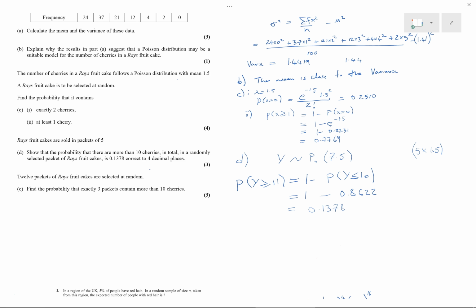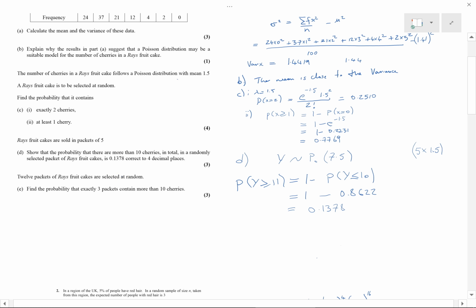And this now is binomial because it's saying 12 packets of raised fruitcakes are selected at random. Well, this one packet has got 5 cakes in it, but that's now irrelevant. We know that one single packet has a probability of this number here that we've just worked out. That's why I think they've given us the answer, so we can take it to the next bit.